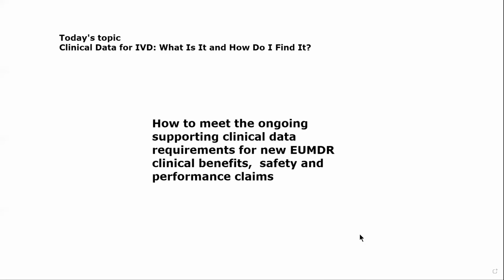So this will really tie back to the purpose behind your PMS and your PMPF plans in the IVDR world, just to ensure that if there is a new clinical benefit that's been identified or a new safety and performance claim that's being routinely published, you are reflecting that as part of your ongoing efforts to collect new data.